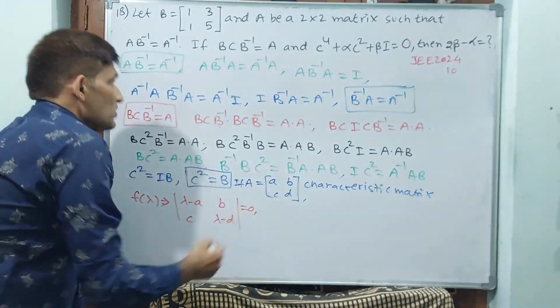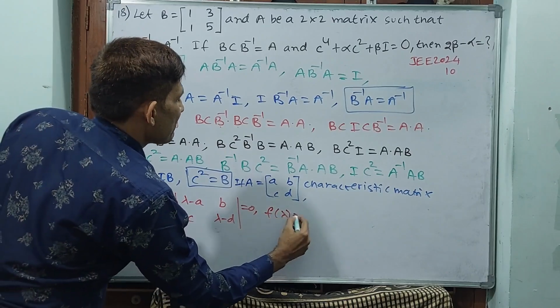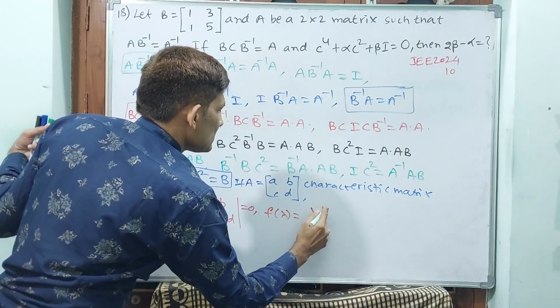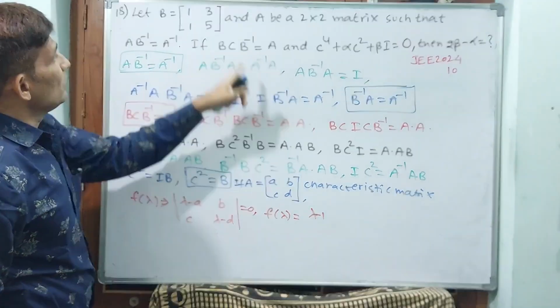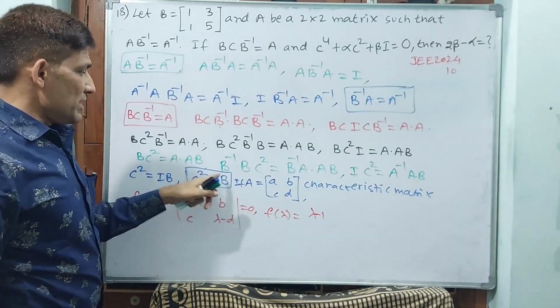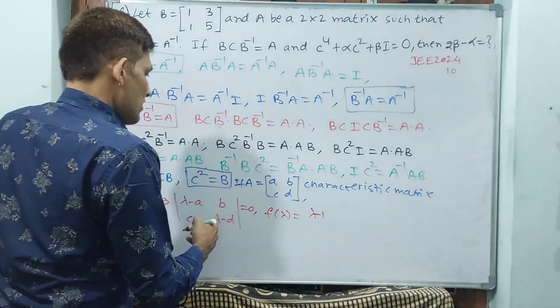Now see, I am making this. F of lambda is equal to the determinant of [[lambda minus 1, 3], [1, lambda minus 5]], for B, because B matrix I have here. Once you get B, replace B with C square afterwards.